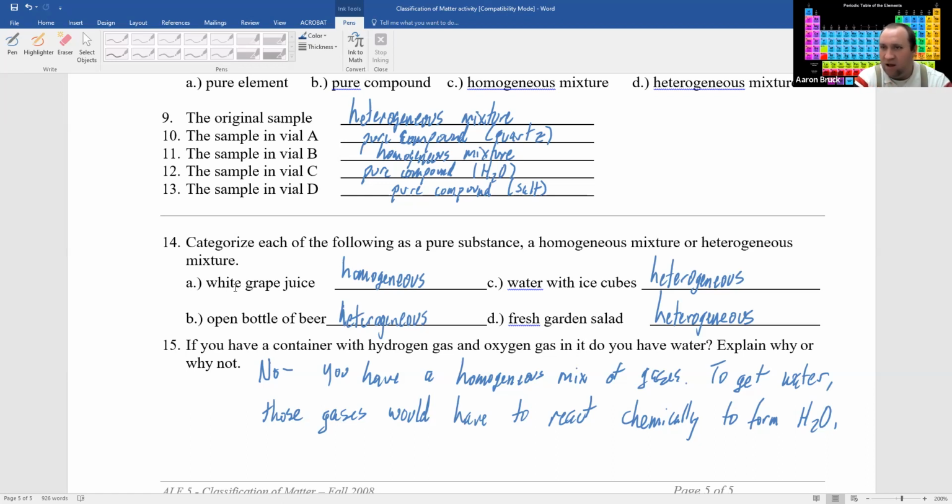Those bubbles are going to be easily seen, and that's what's going to make it heterogeneous. Because now, not only do you have the water and the barley and the hops and whatever else goes into your beer, but now you have those carbon dioxide bubbles that are being released, and you can very clearly see the carbon dioxide bubbles inside of the beer. So it makes the beer foamy.